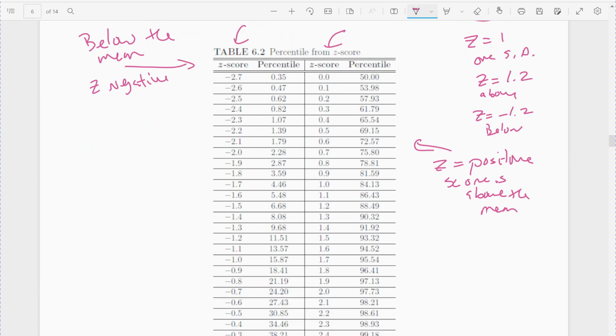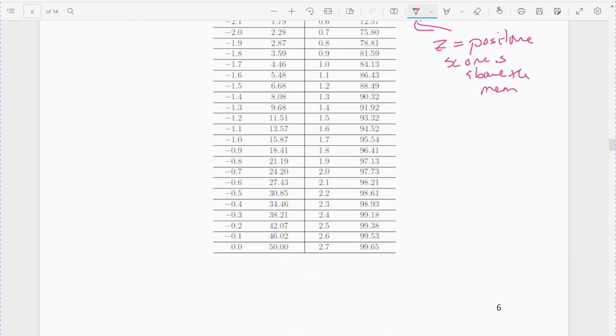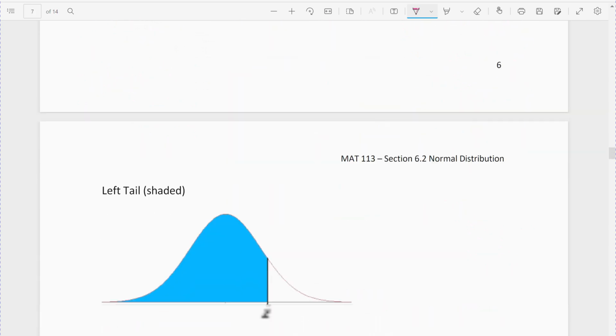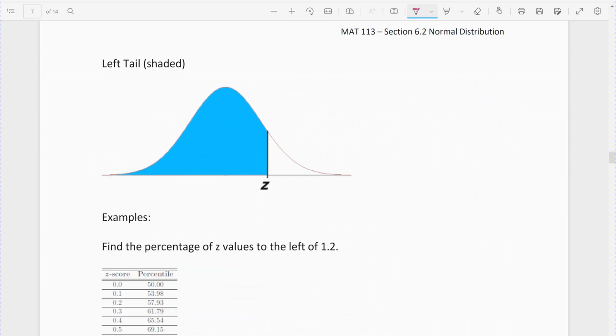Now, how to read the table and how to use it to find your percents. The table is set up so that the z-score represents the percent below that. It's a percentile. That's what it means. So this z-score represents this area, the percent of scores below that value.